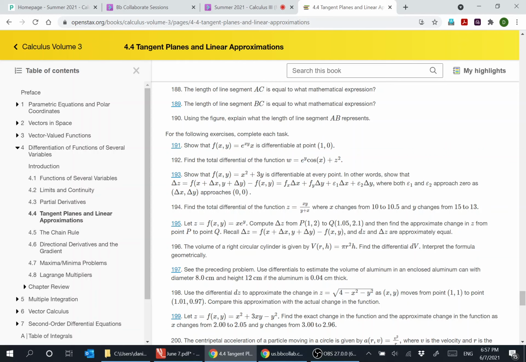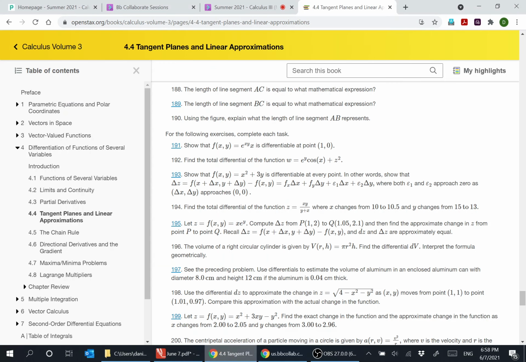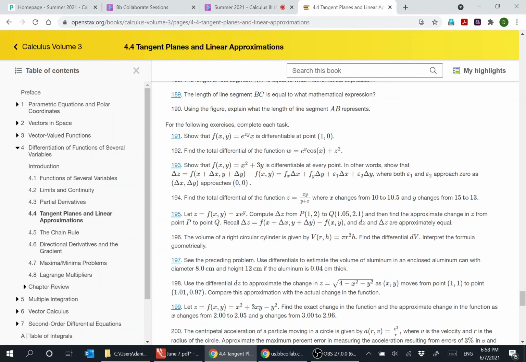Okay, so this is the differential thing. So z is x e to the y. Okay, z is equal to x e to the y, and it's asking, oh no, that was 195, I'm sorry.